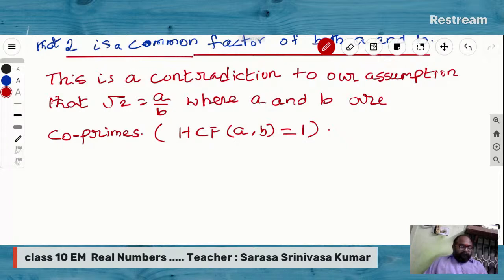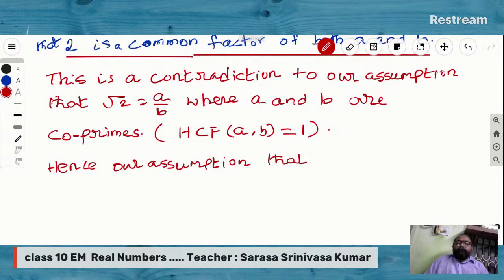Since we got this contradiction, we conclude that our assumption that square root of 2 equal to A by B is wrong.